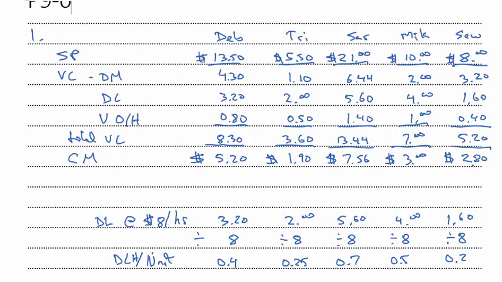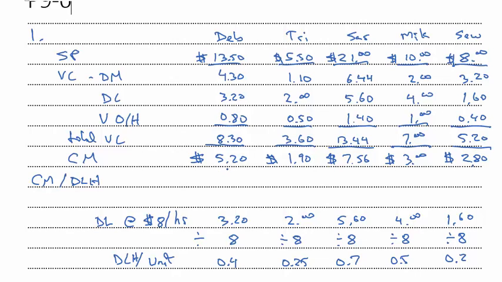Okay, so now the key decision criterion for this, if you remember, is contribution margin per unit of the constrained resource. In this case, that's direct labor hours. So contribution margin per direct labor hour, and we calculated that down here, right? Direct labor hours per unit. Okay.